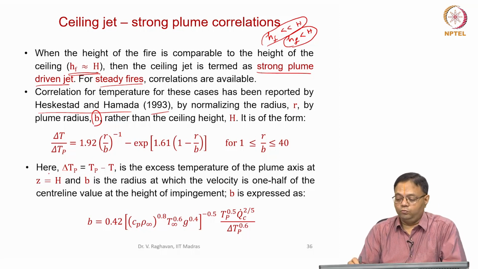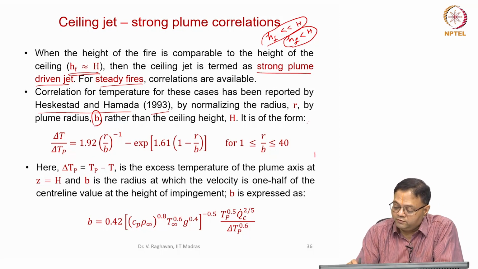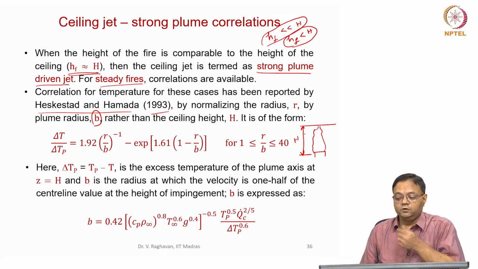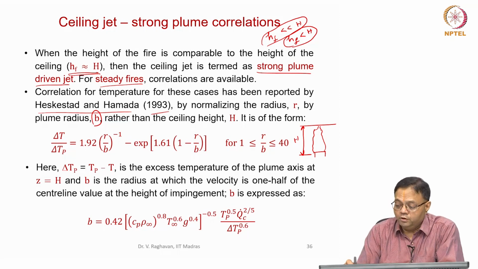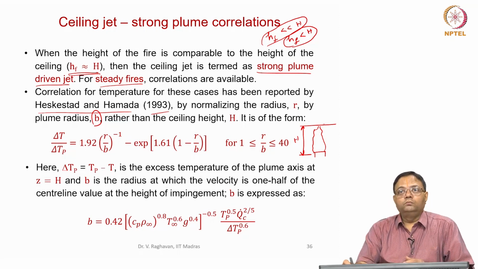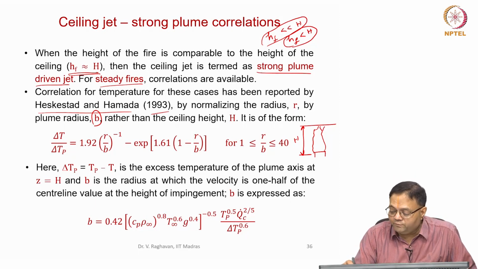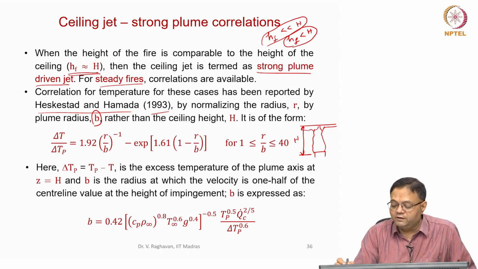Please understand now what happens. This is the ceiling, there is a source. Now the flame height itself is comparable to the ceiling height H. So the plume does not even form, or forms and again immediately goes as a ceiling jet.